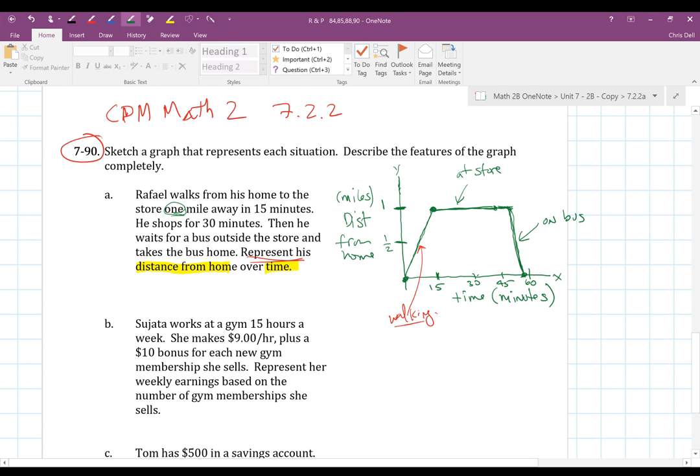Well, let's see. It doesn't tell me the axes, so I'm going to represent her weekly earnings based on the number of gym memberships she sells. So the x-axis is going to be the number of memberships.